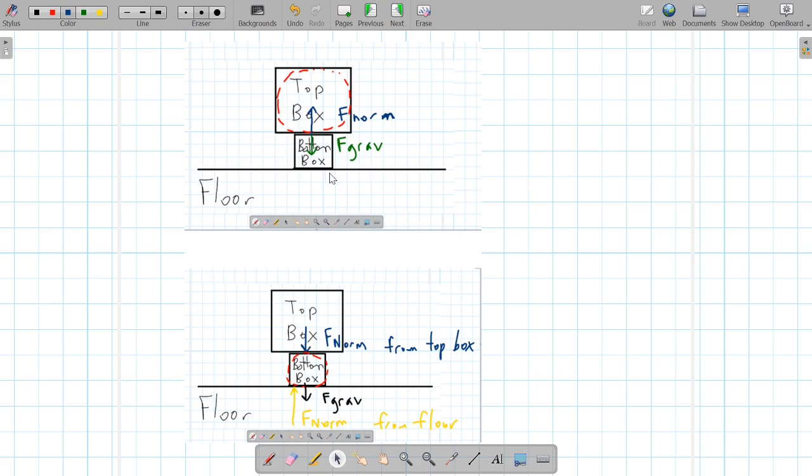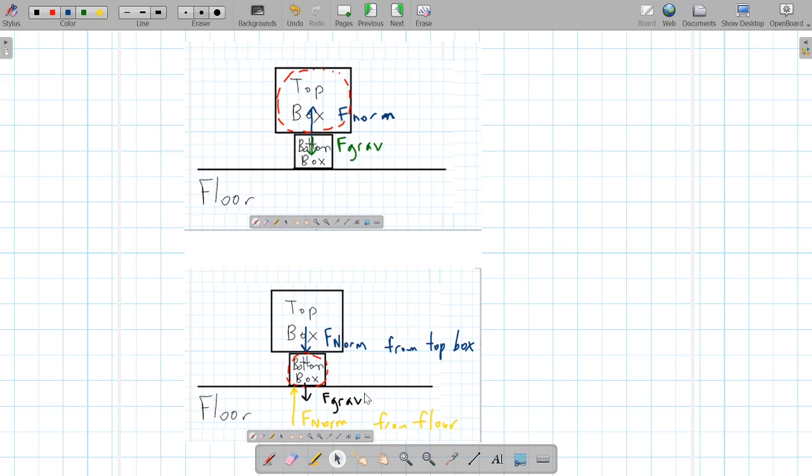Remember, if the bottom box pushes upward on the top box, then Newton's third law says that for every action there's an equal and opposite reaction. That means the top box should be pushing downward on the bottom box, and those two forces have to be equal in magnitude.